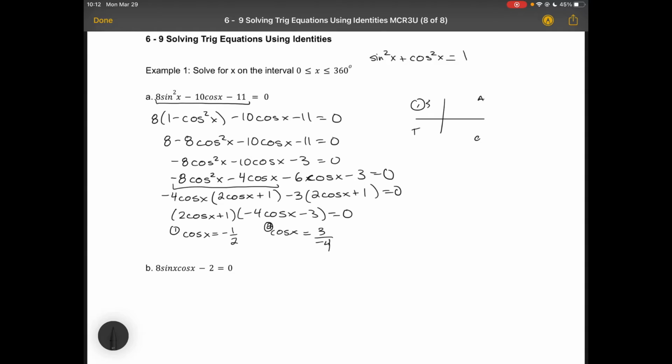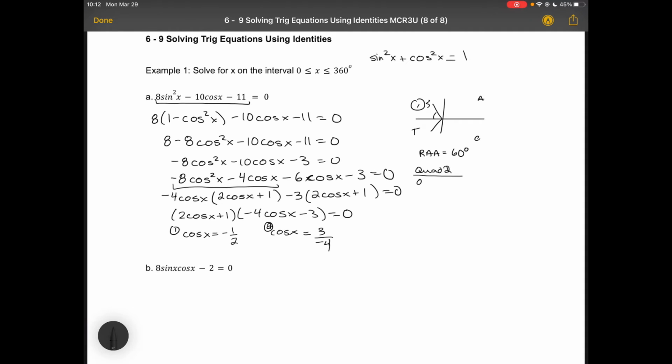Cosine is negative in my second quadrant and my third quadrant. And so what I'm looking for is my related acute angle. My related acute angle is the cosine inverse of a half, which is one of our special triangles, which happens to be 60 degrees. Once we have that 60 degrees, I've got my solution in quadrant 2.